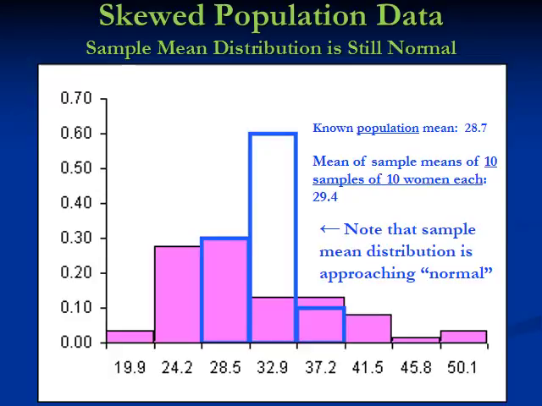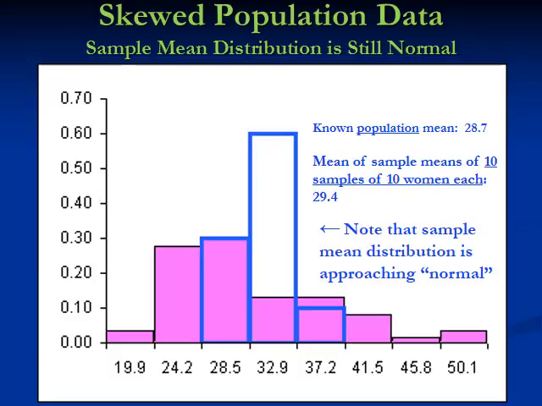Then we're going to graph that, which we've done here, and figure out the mean of the sample means of all 10 of those samples. When this was actually done in this example, the mean of all of those samples of 10 was 29.4, so something right about in here. So we actually got pretty close to the population mean by taking our 10 samples of 10.